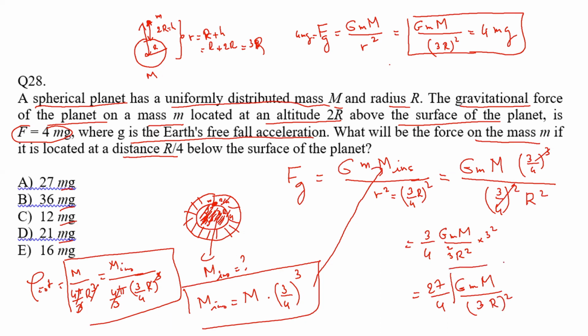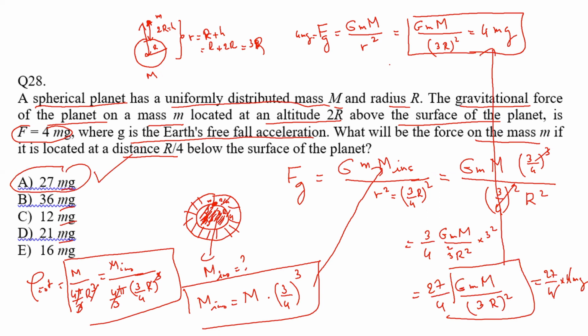But remember, this is equal to what? This is equal to 4g. So I will have 27 divided by 4 multiplied by 4 mg. The 4 goes away, and I will have 27 mg, which is the solution here. And this is an A+ problem, of course.